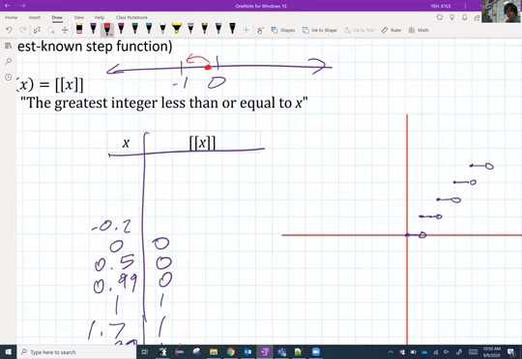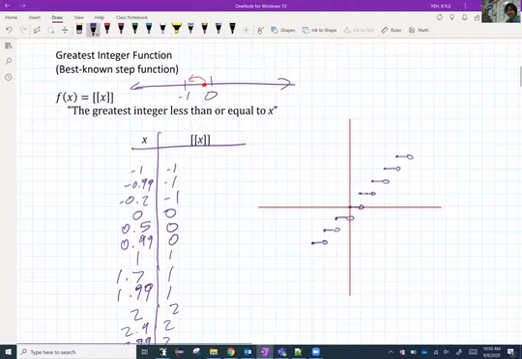We have to fall back to -1, which blows the theory out of the water that some of you might have had in mind of, well, let's just always chop off the decimals. Let's just keep that whole number part. It works in the positives, not in the negatives. So I always start on the positives, find my pattern, and then just fill in the negatives on my graph. That is how we will be graphing these greatest integer functions.